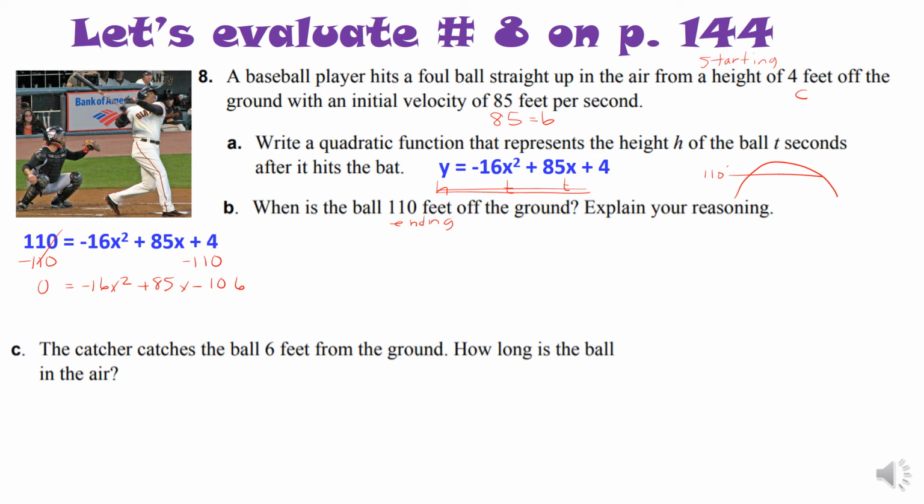So x equals negative b plus or minus the square root of 85 squared, which I figured out was 7,225, minus 4 times a times, don't forget your negatives, they're very crucial here, of 106 all over 2 times negative b, which is 16.